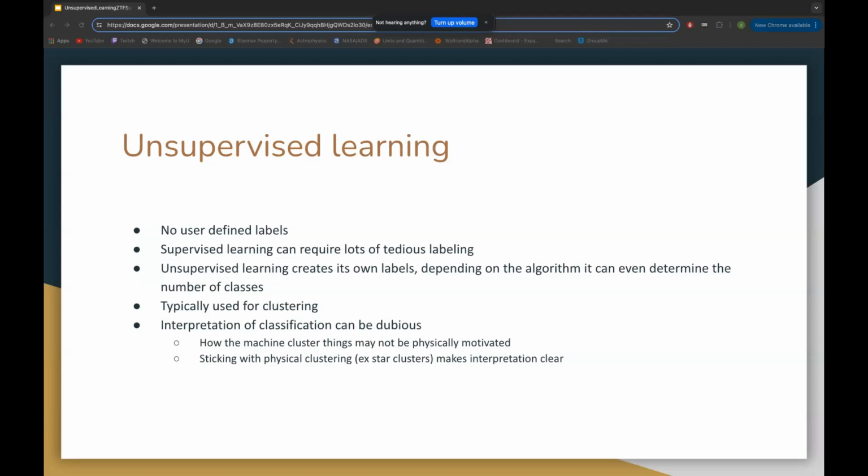So sometimes it can be unclear how this grouping is done, which is my motivation for explaining how some of these algorithms work, so you can understand the steps that go into defining these different clusters.